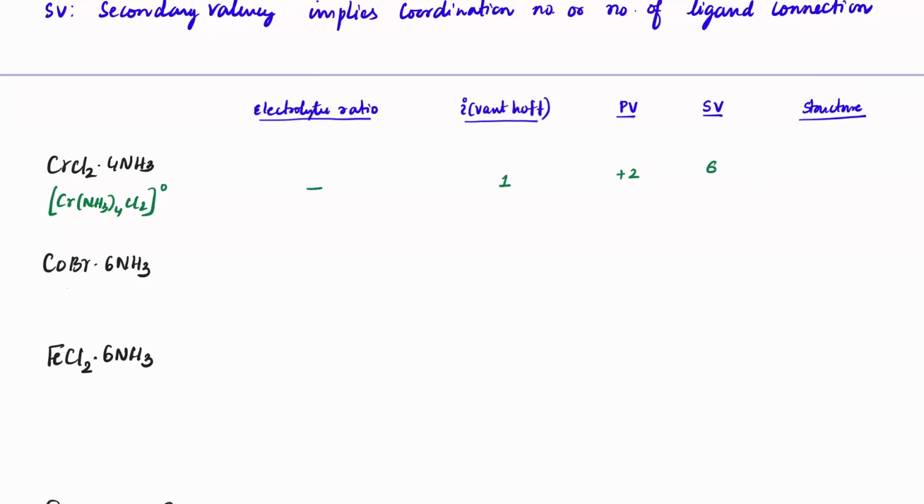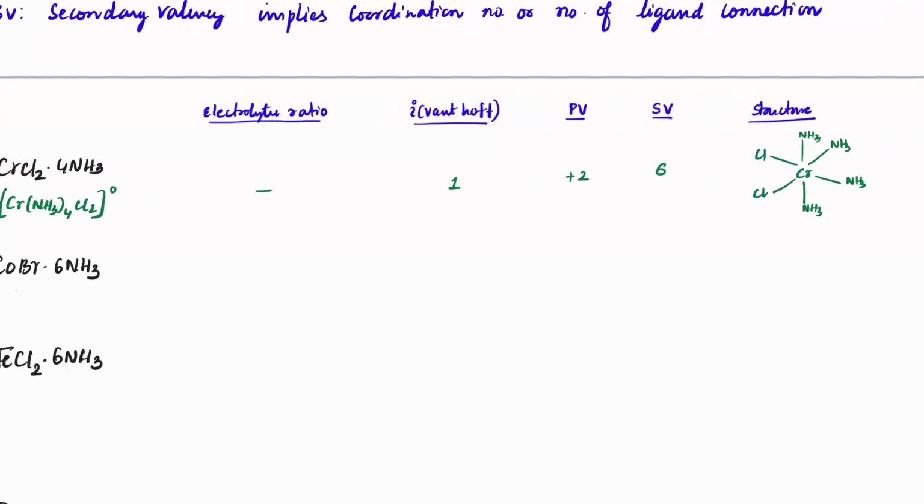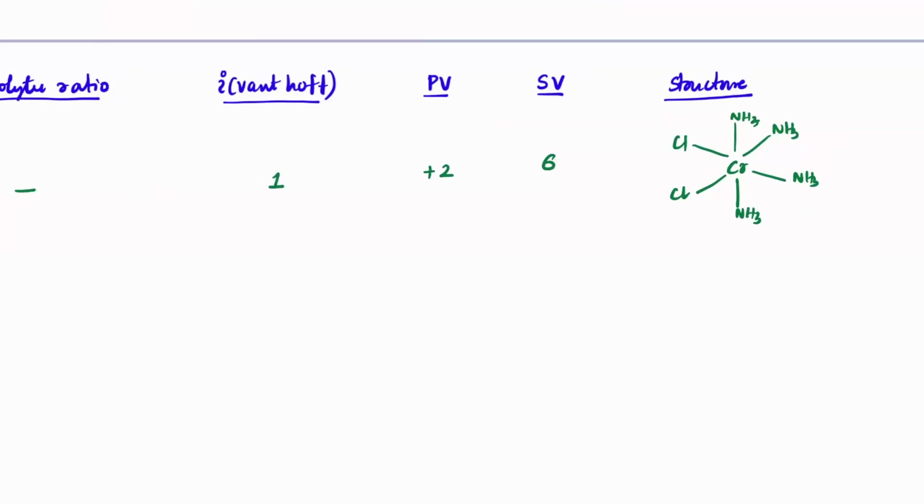Structure: we have chromium with 6 ligands this way, out of which 4 are ammonia, NH3, NH3, NH3, NH3, and then we have 2 chlorines here. Now remember one thing, chlorine is also responsible for generating the secondary valency, but if ligands have charge on them, they will be a part of primary valency also. That's why whenever you have a charged ligand inside the complex, you have to represent the dotted form also along with it.